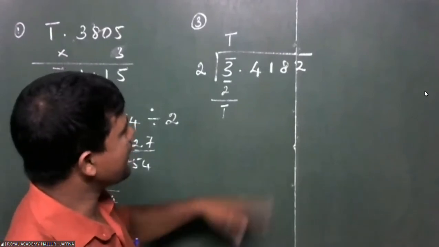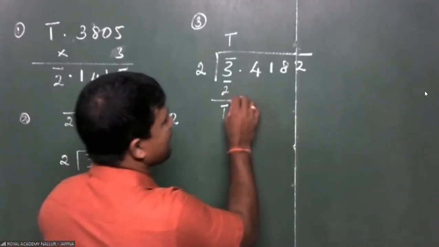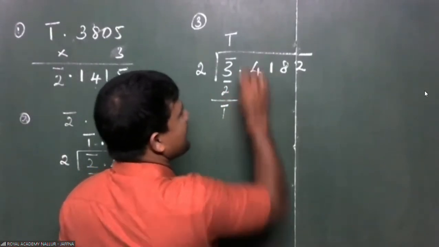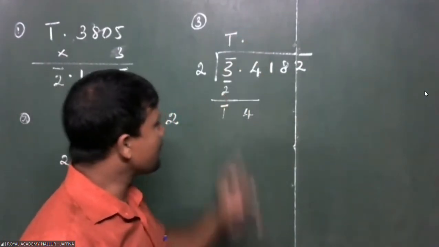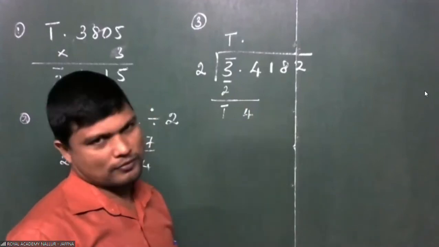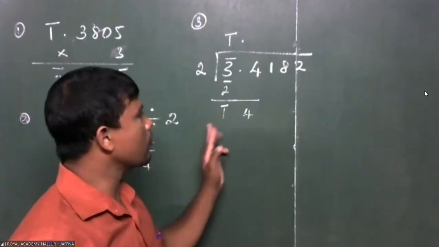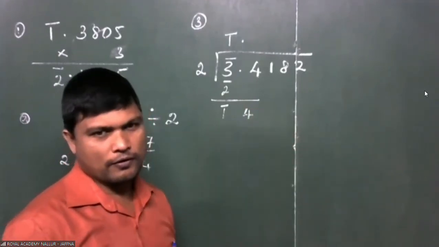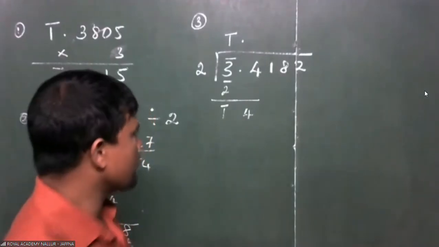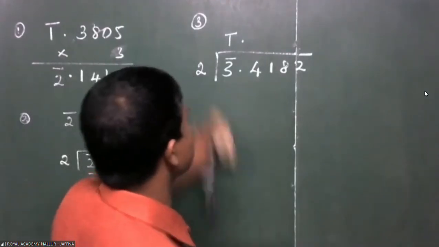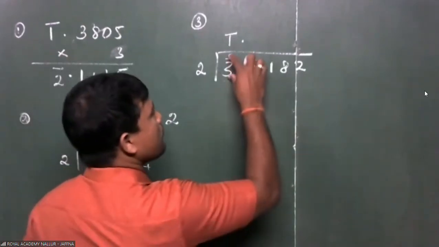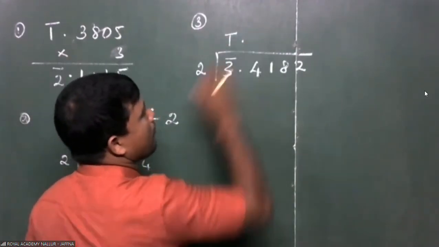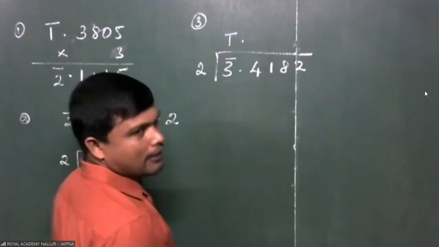But we are not able to connect this number here. If you write it here by keeping the decimal, bar 1 remains. If you write this 4 in this line, how can we read it? That's the trouble. So in this situation we are going to use a technique.